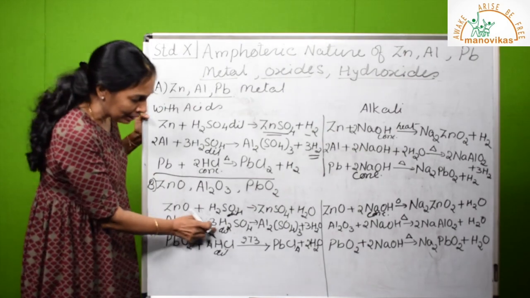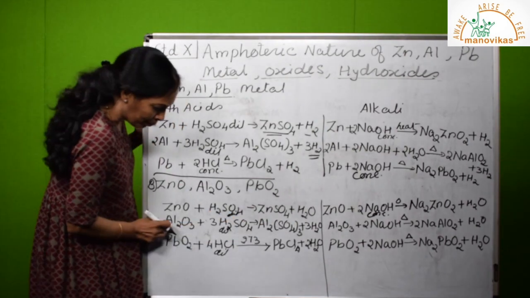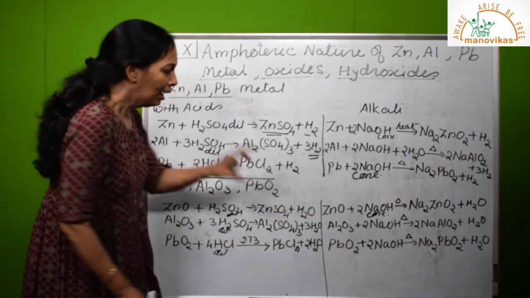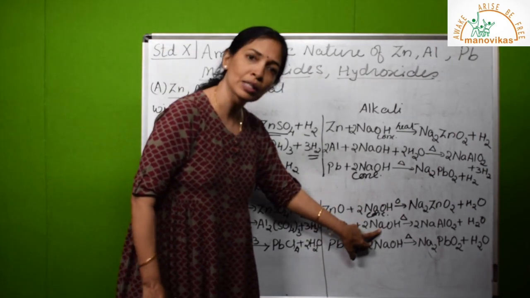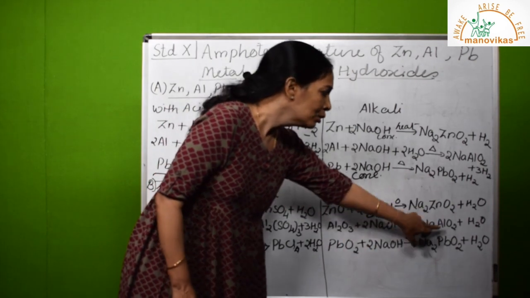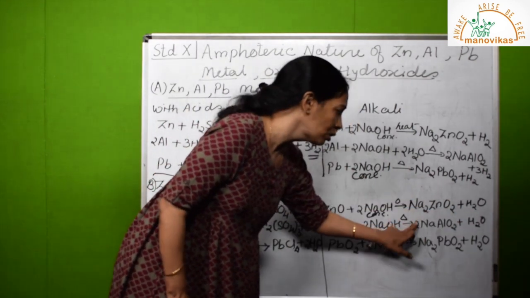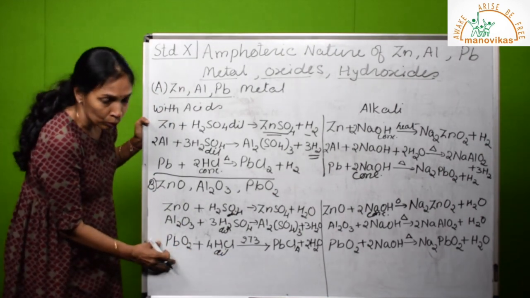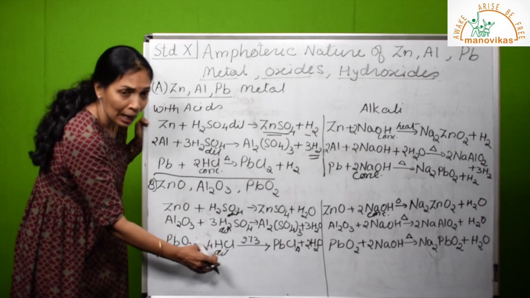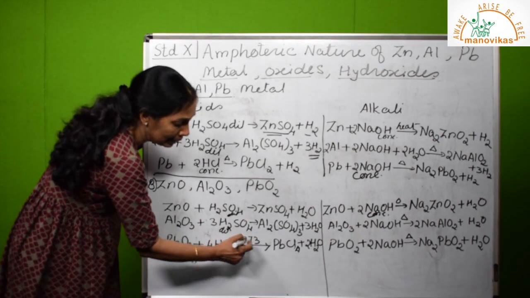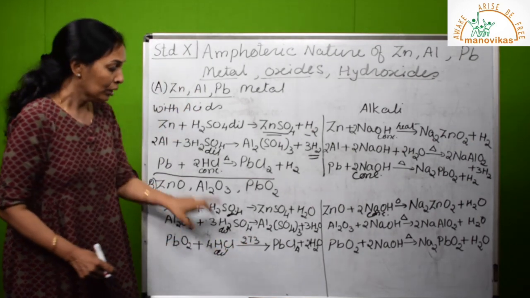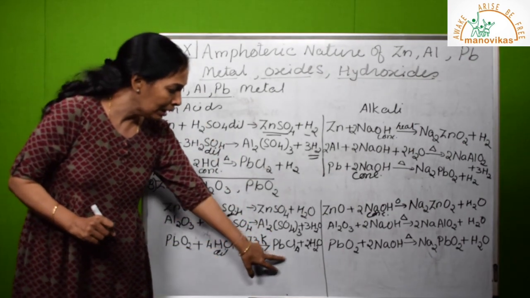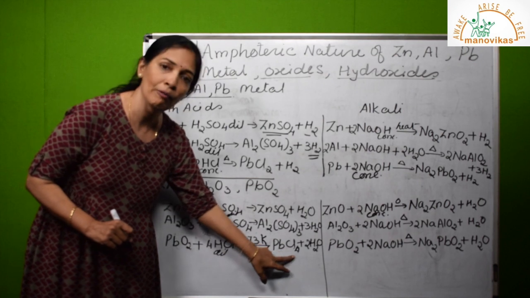Aluminium oxide with acid, salt and water. Aluminium oxide plus sulfuric acid gives aluminium sulfate and water. Aluminium oxide with concentrated sodium hydroxide, heated, gives sodium aluminate and water. So salt and water. Lastly, lead oxide, PbO2, with dilute hydrochloric acid on heating at 273 Kelvin gives lead chloride, PbCl4, and water.